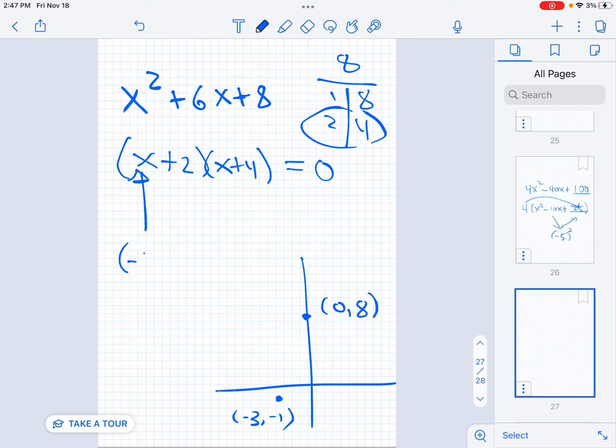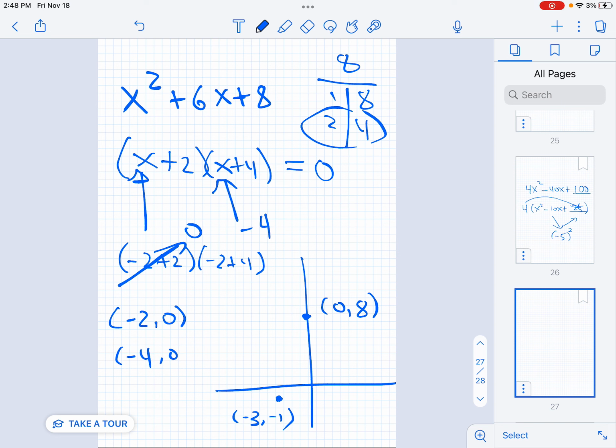If I were to put a negative 2 in there, that would make this a 0. Everything would be 0. So a negative 2 is going to be an x-intercept. And for the same reason, if I replace this with a negative 4, negative 4 plus 4 is 0. And so I've got my x-intercepts at negative 2 and negative 4. This allows me to find a bunch of different features of my graph, and it's going to look like that.